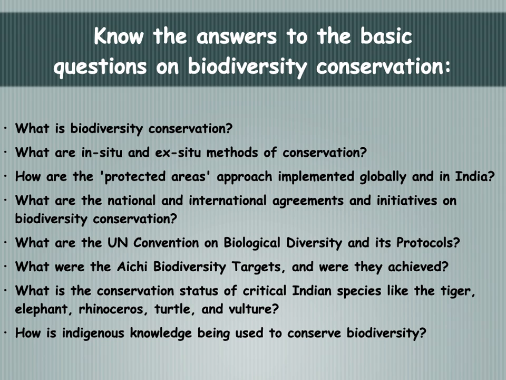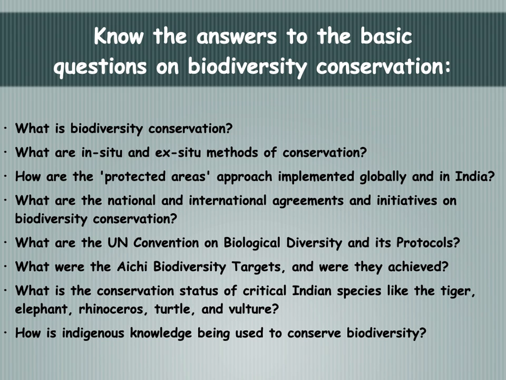What is biodiversity conservation? What is meant by in situ conservation and ex situ conservation? The protected areas approach, is it being implemented globally, in India, and how? What are the national and international agreements and initiatives on biodiversity conservation? And most important, what is the UN Convention on Biological Diversity?